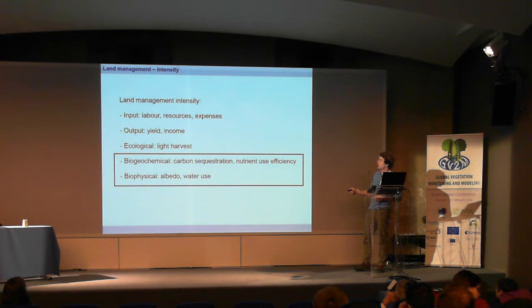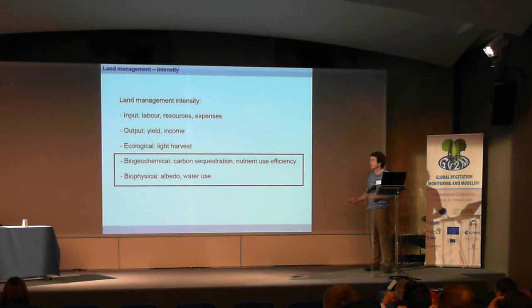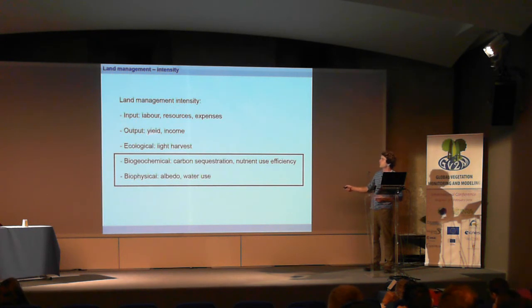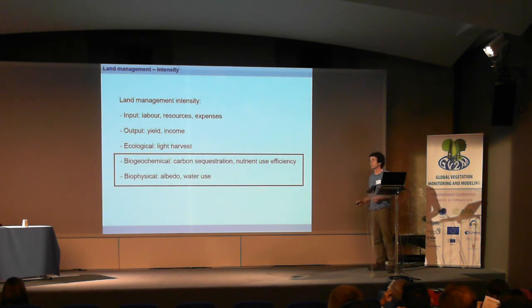It can be output, how much you yield in calories, in grams of carbon, or euros, dollars, whatever. It could be ecological, like if you change the vegetation it could be more efficient in harvesting light, or it could just have a higher harvest of light. And this, the red box, this is, I think, the perspective that we usually follow more in the Earth system context.